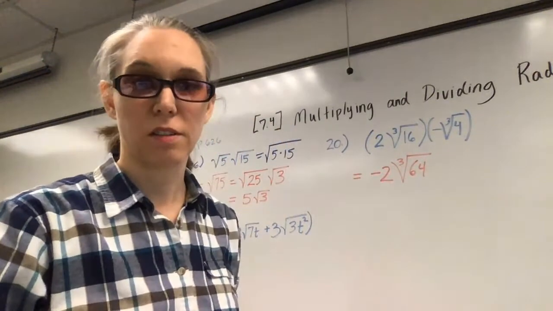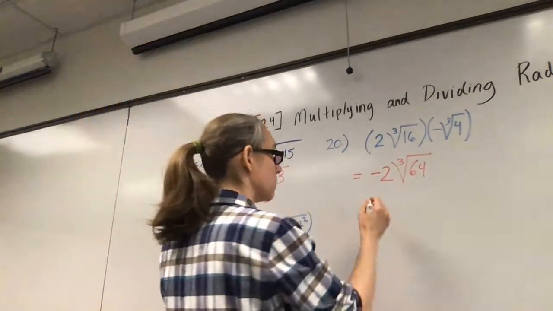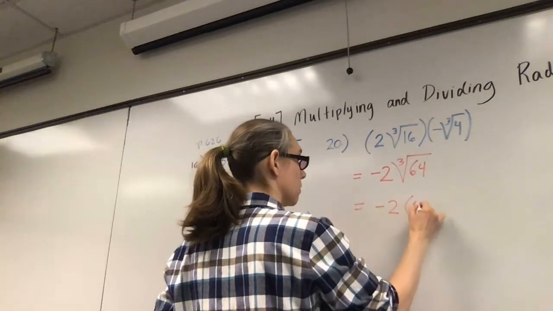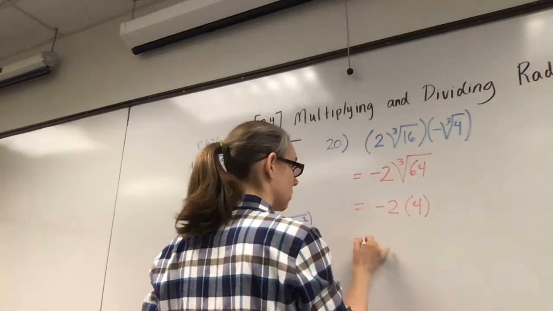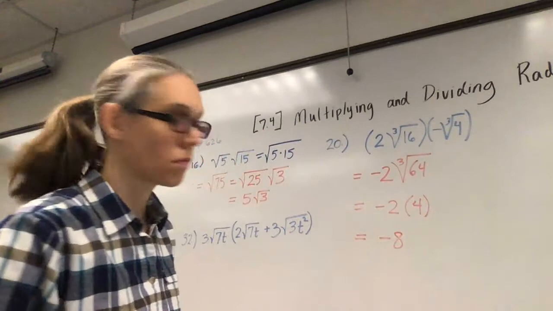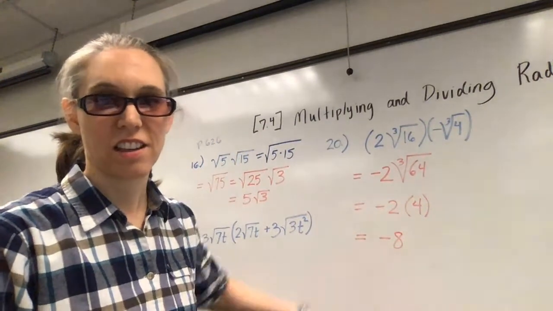The cube root of 64 is 4. So then we have negative 8.